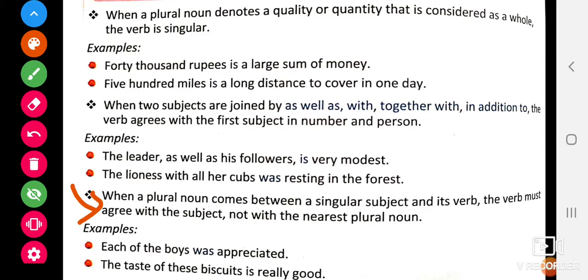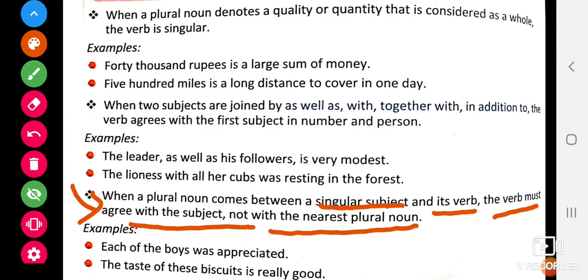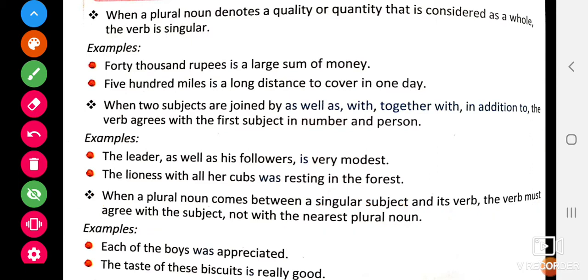The next rule, when a plural noun comes between a singular subject and its verb, the verb must agree with the subject and not with the nearest plural noun. Let us look at this example. The taste of these biscuits is really good. Here the taste is the subject and is is the verb.